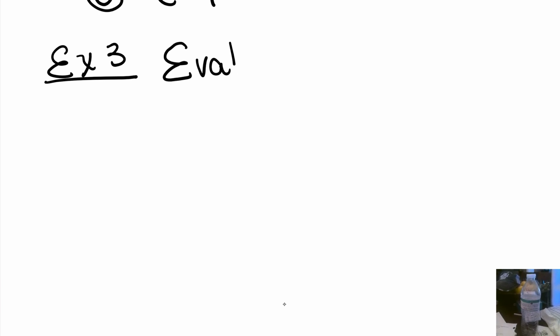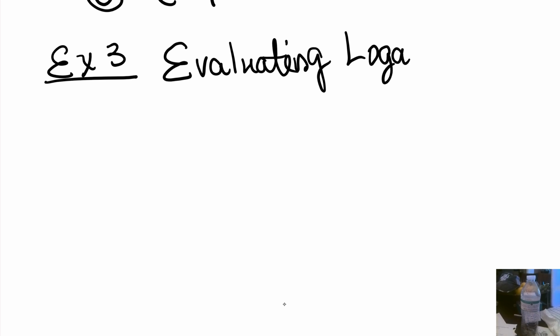All right, example 3. In example 3, we're simply evaluating, so this is quick. This is grab your calculator. So we're evaluating logarithms, and the question stem is simply to evaluate.